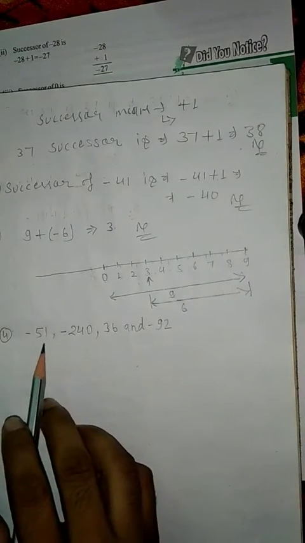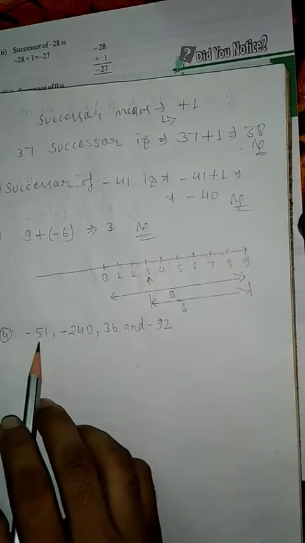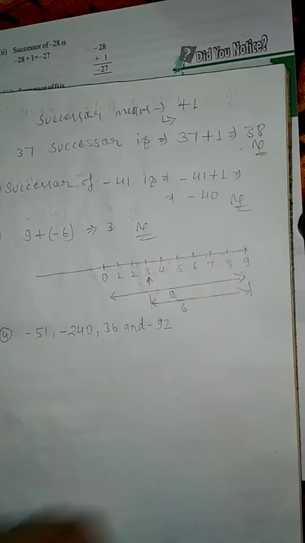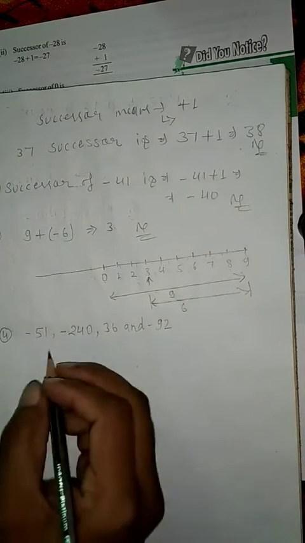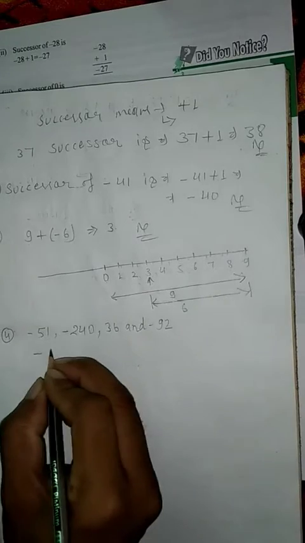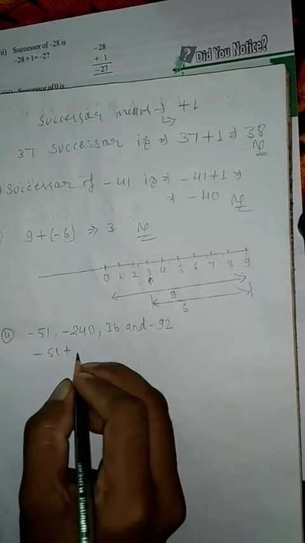Now this is the question, and we will add all the integers without using a number line. How can we add? Simple, first we write all integers with a plus sign.